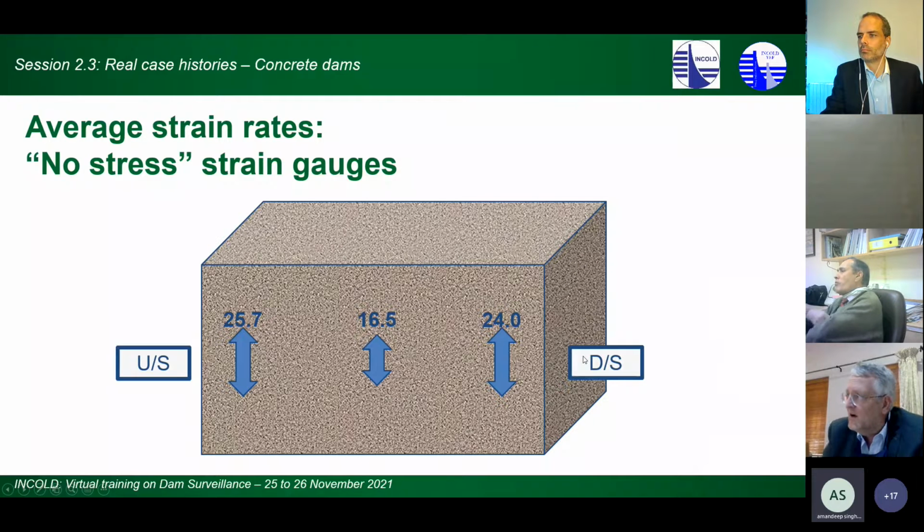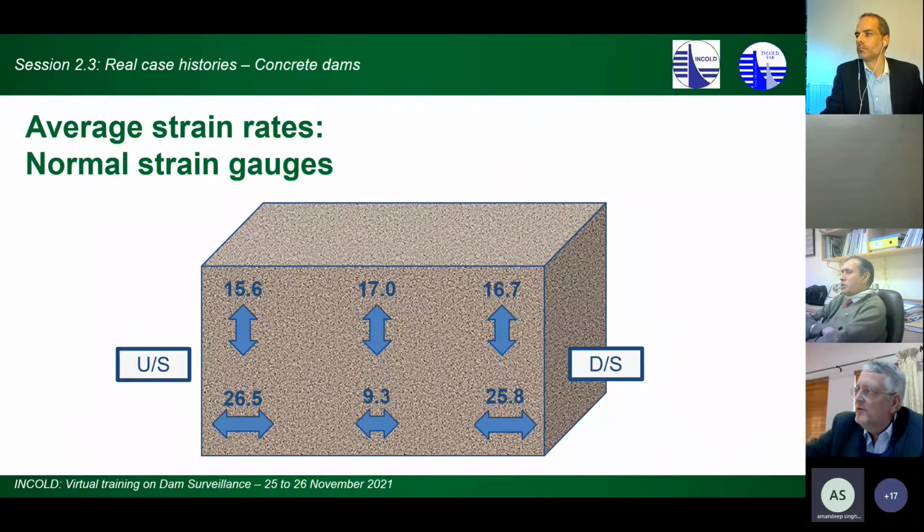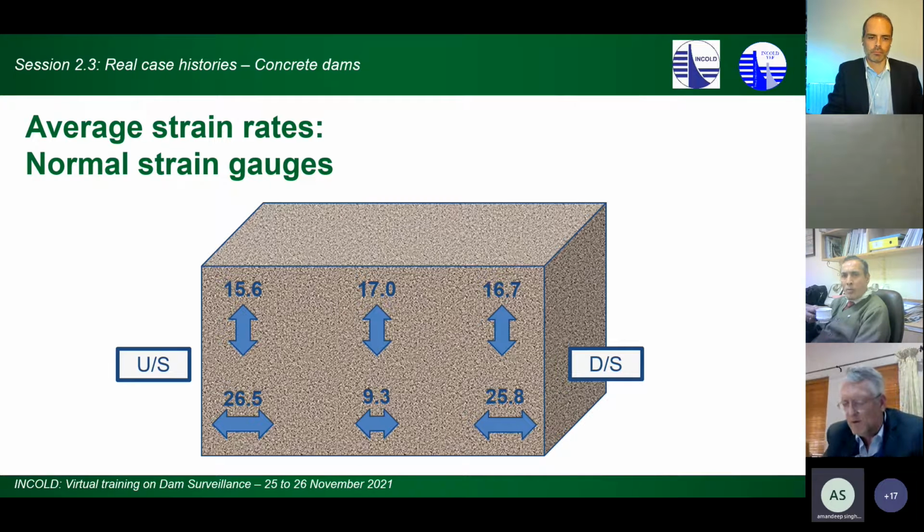So if one actually goes and looks at the no stress strain gauges, unfortunately, they only installed vertical ones. This is what you basically get there. If you go to the normal strain gauges, you can actually see the difference in strains that one measures in the section of the dam.